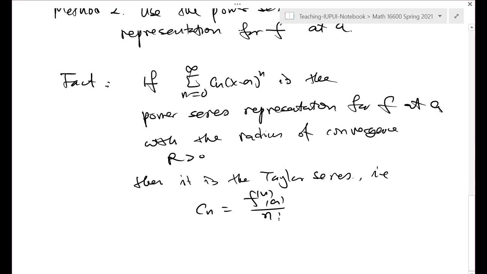If we can do that, you find the Taylor series. Not only that, you not only find the Taylor series, you also find the power series for that particular function.